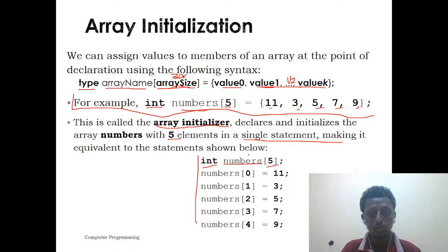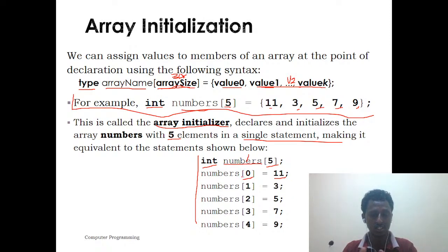After that, you use this array name and this index value to initialize this element. This is the array element, and this is the array index, or the location where this element is found in your array.